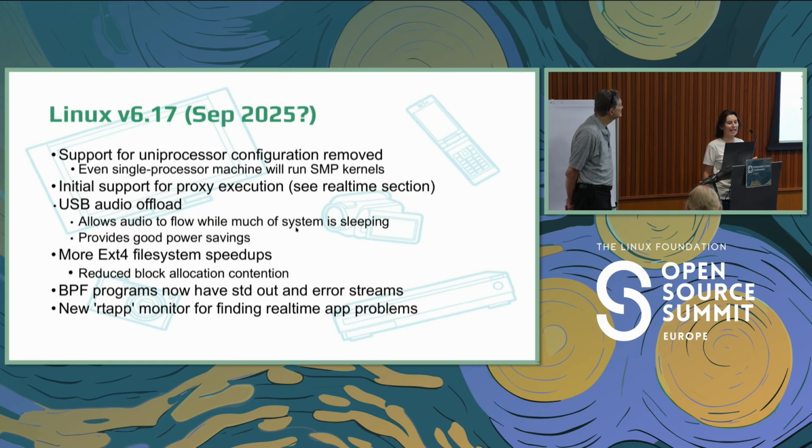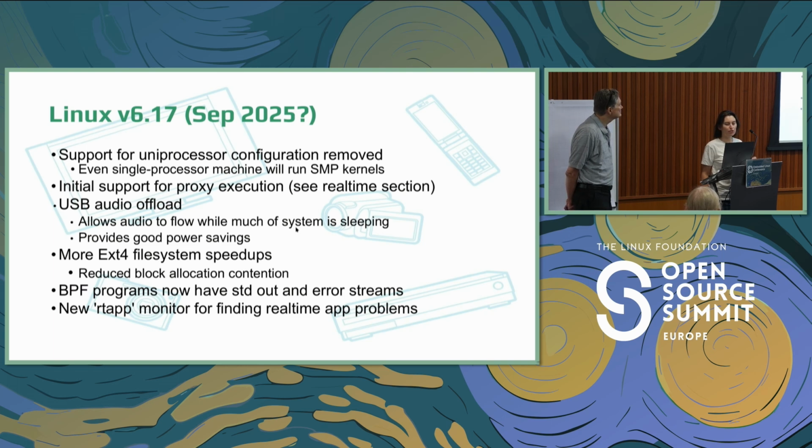What has landed in 6.17 so far? The big change, even single processor configurations will be running an SMP kernel by removing, well, a lot.